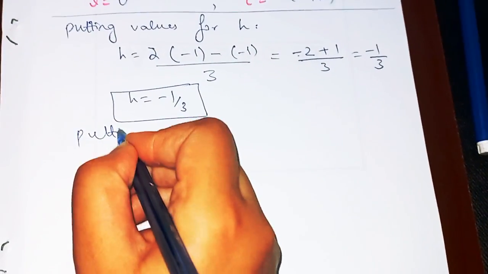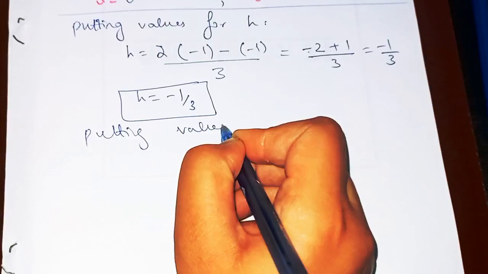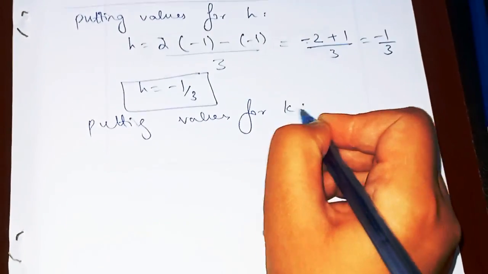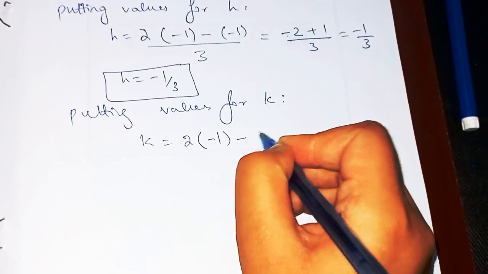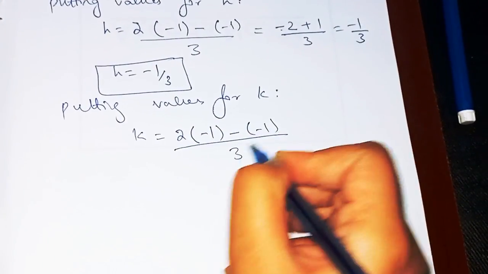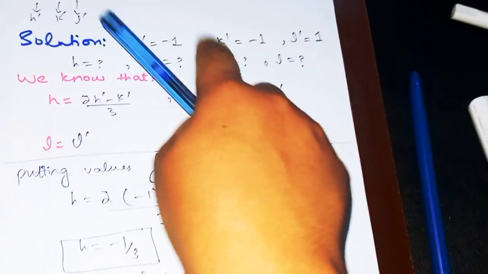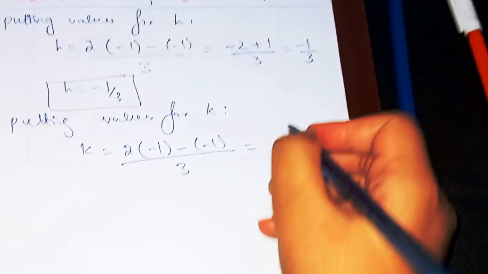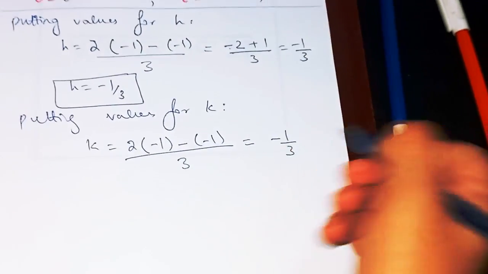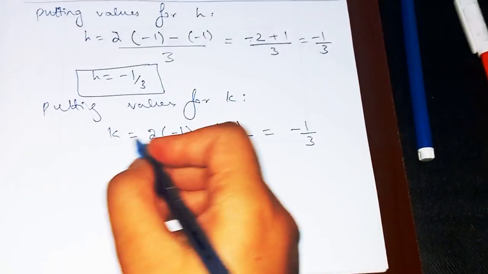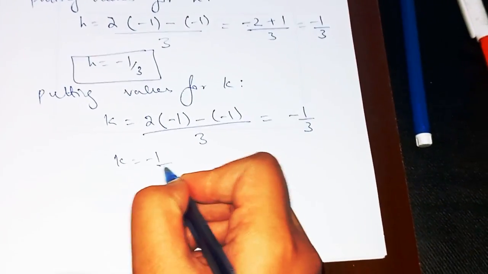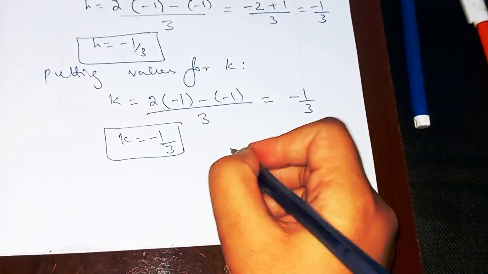Putting values for k: 2 into -1 minus -1 divided by 3. Since h prime and k prime are the same, you'll get the same result, -1 by 3. So k equals -1 by 3 so far. Then we have i.